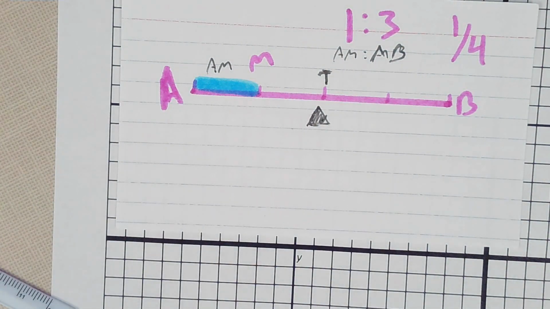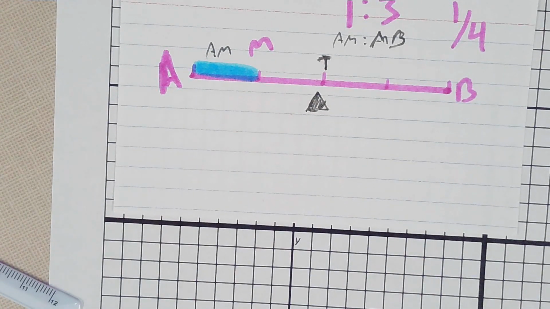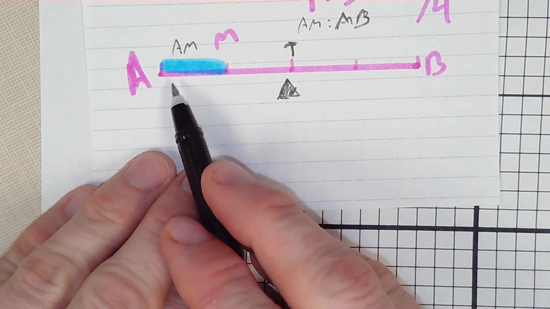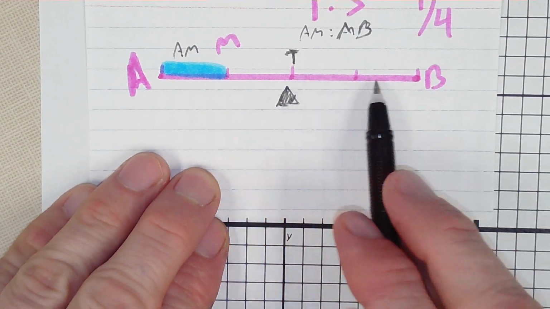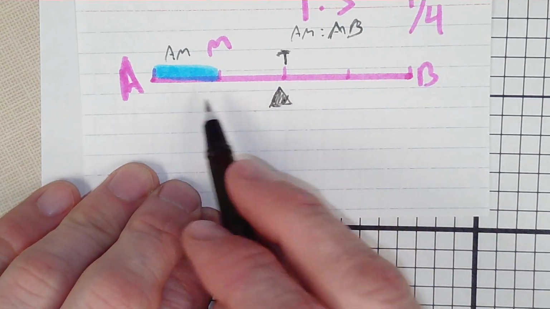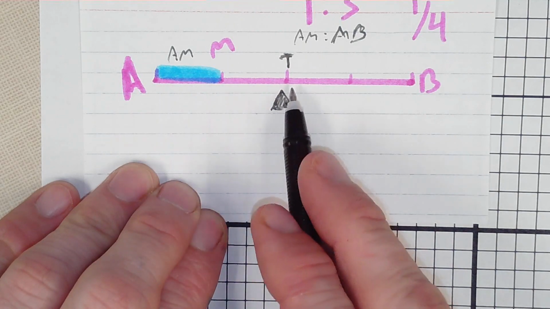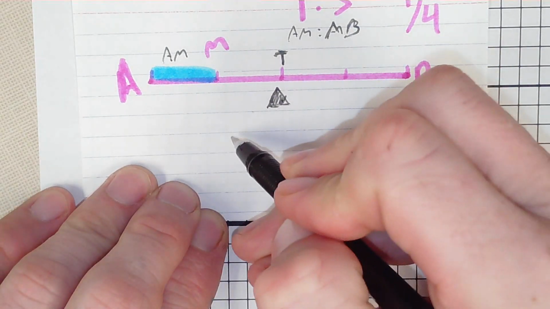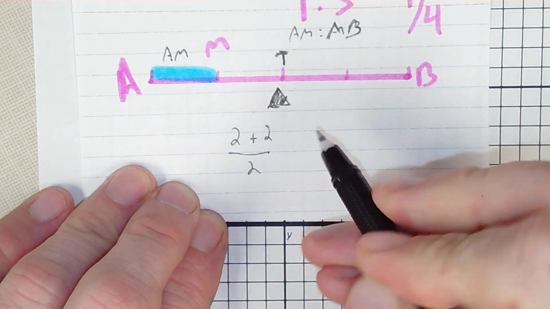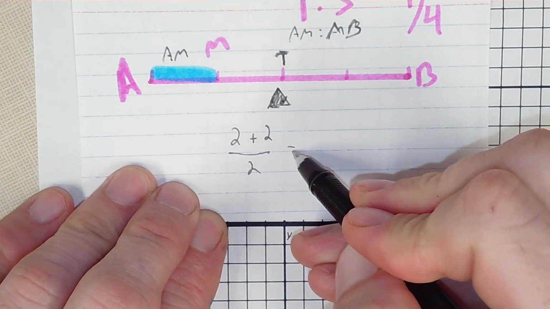Right, and I'm like, all right, well, what is the value, or what is the average of point T here? Okay, well, I have 2 this way, I have 2 that way, so the average would be 2 plus 2 divided by 2, my average equals 2.